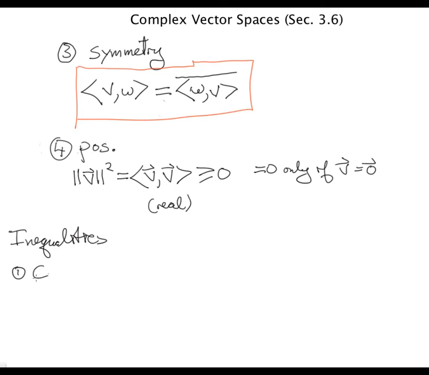So the Cauchy-Schwarz inequality says that the absolute value of v, w is less than or equal to the norm of v times the norm of w.